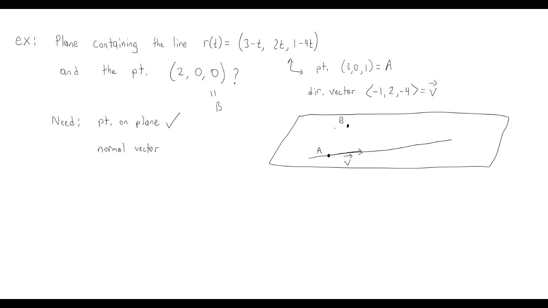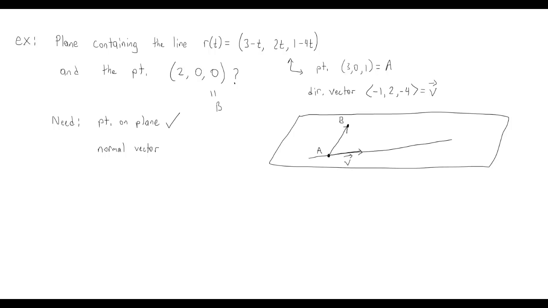So in order to get a normal vector to the plane, what we can do is get the direction vector from A to B. So then that will give us two different direction vectors on the plane. And if we compute their cross product, we know that their cross product would be perpendicular to both of them.